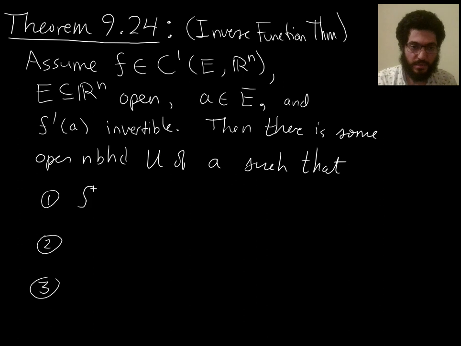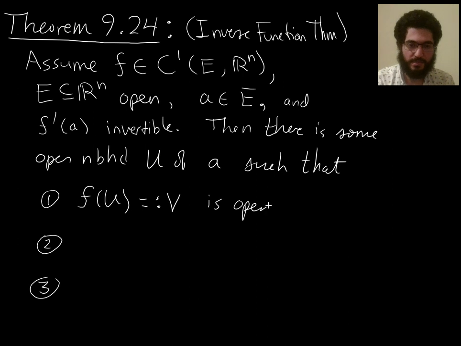First, if you look at the image of U, then that's open. And let me just give that a name, V, so I can keep referring to it. This is an open set.